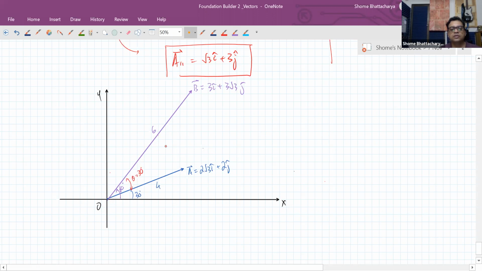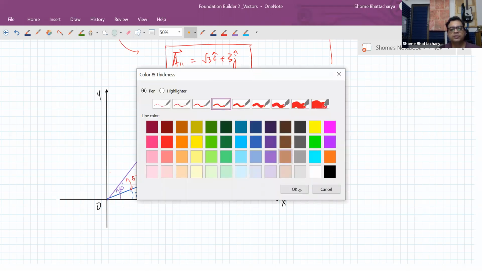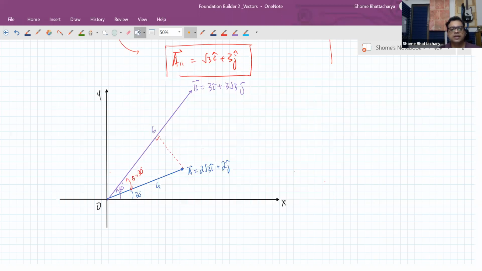But when we drop the perpendicular now, it's going to be like this. So the component of A parallel to B and the component of A perpendicular to B in the diagram are respectively going to be this one and this one, like this.